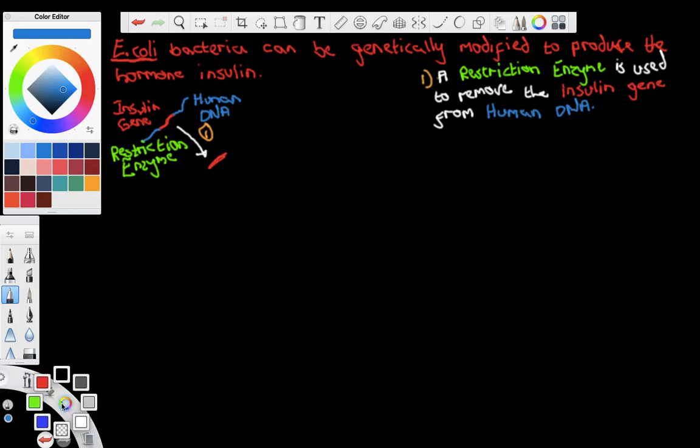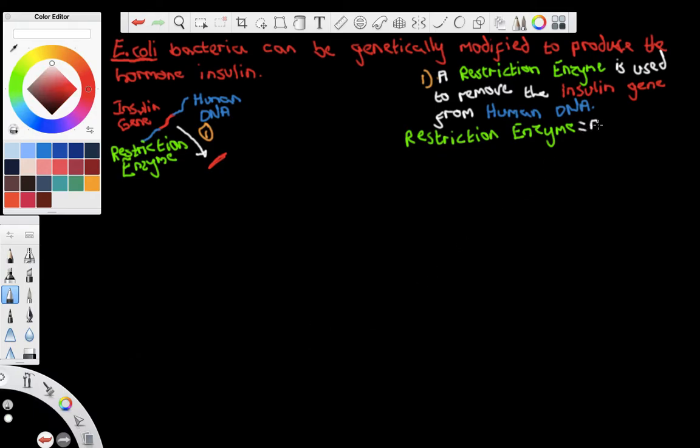A restriction enzyme is an enzyme that cuts DNA at specific base sequences.